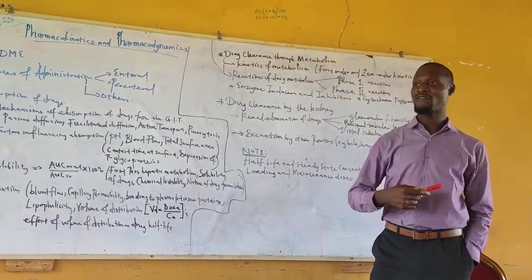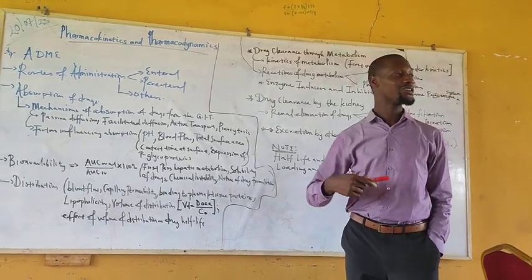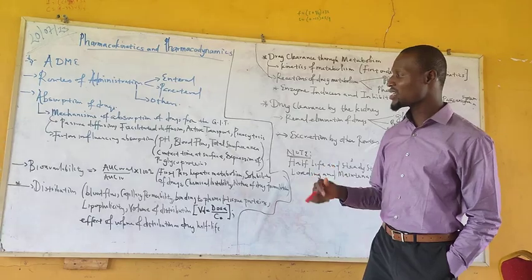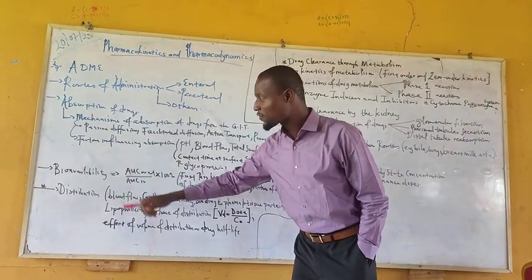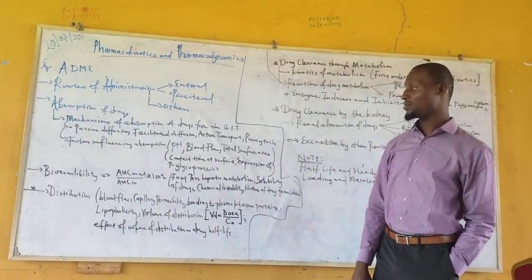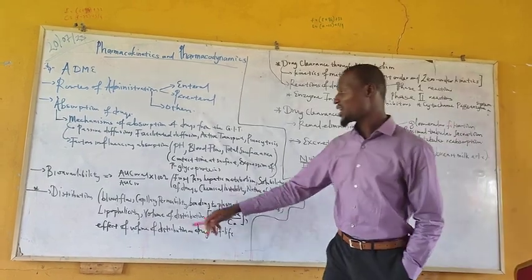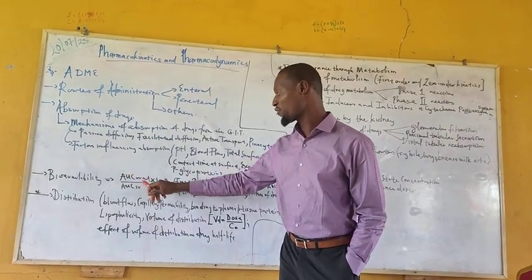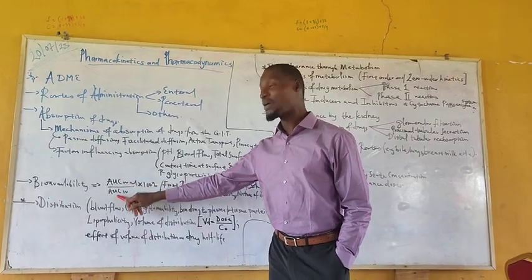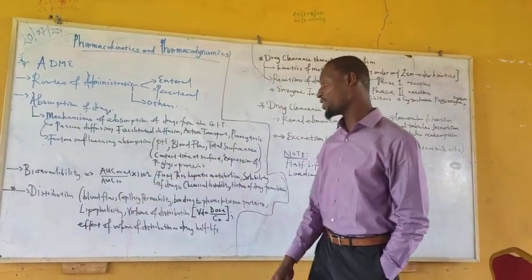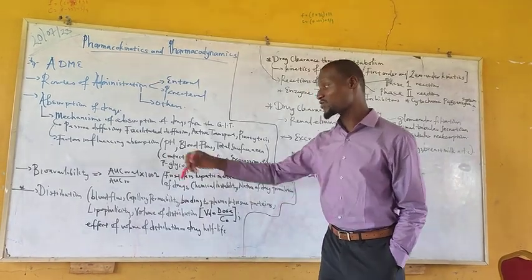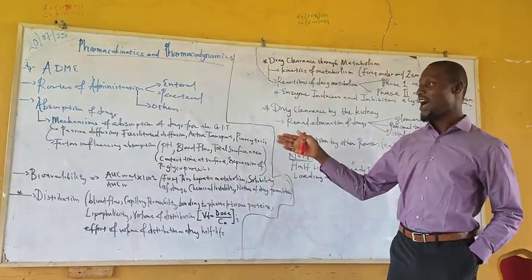So the liver finds a way to excrete them from the body. There is a formula for determining bioavailability, which is AUC, area under the curve, oral, over area under the curve, IV, times 100%. So they give those and you plot it. Bioavailability has to do with that.